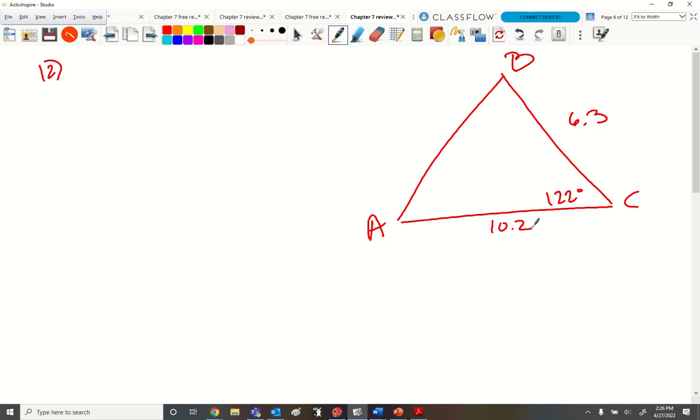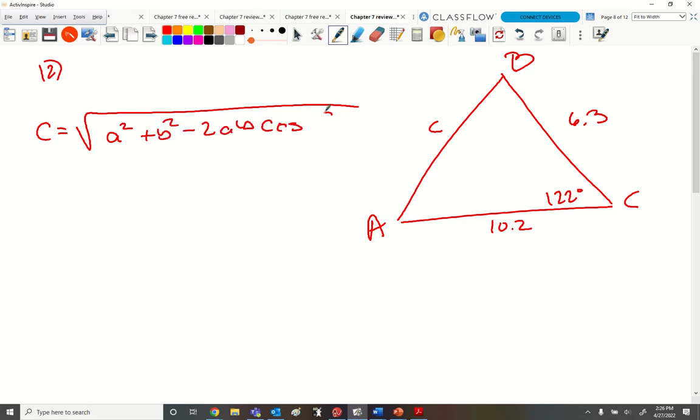What are we solving for here on number 12? Little c. This is, again, side angle side, right? So I have to solve for little c because it cannot be law of sine. Again, I'll write out the formula while you guys plug this in.